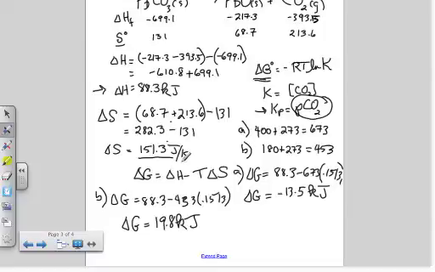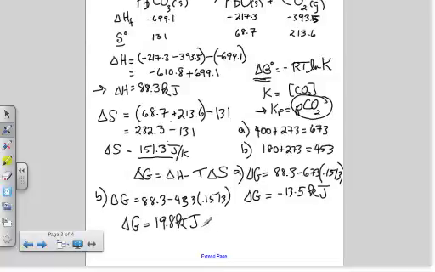So we are seeing a reaction that at 180 degrees Celsius is not spontaneous. This one depends on temperature. As the temperature increases, that second term becomes larger, that increase in entropy. And entropy is very temperature dependent, so we see that it becomes more spontaneous at a higher temperature.